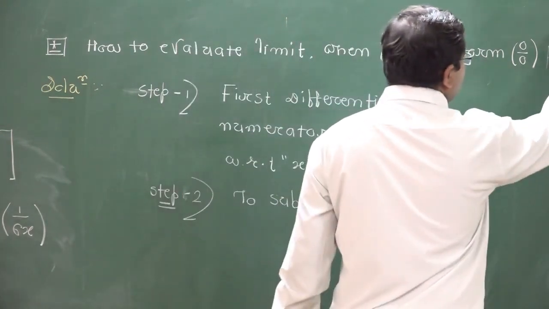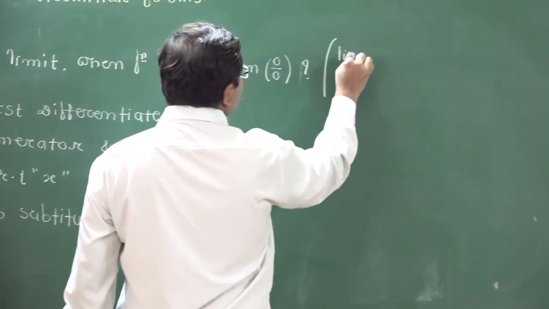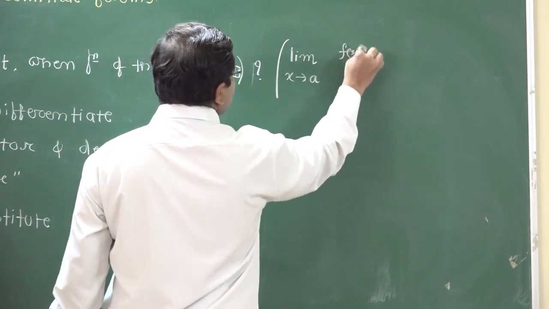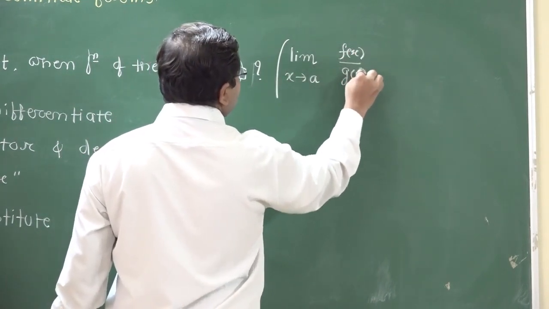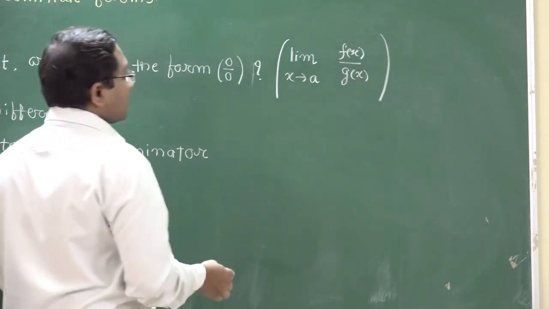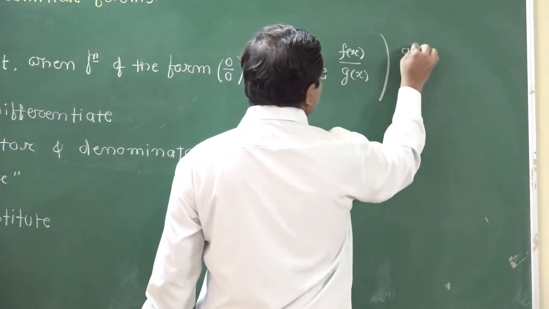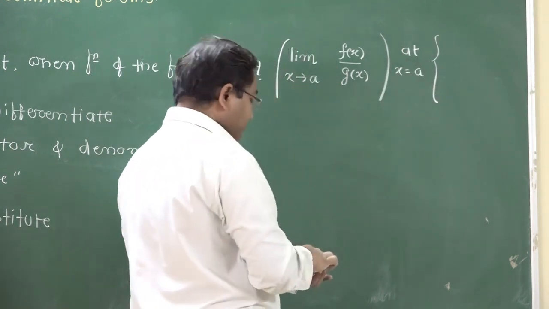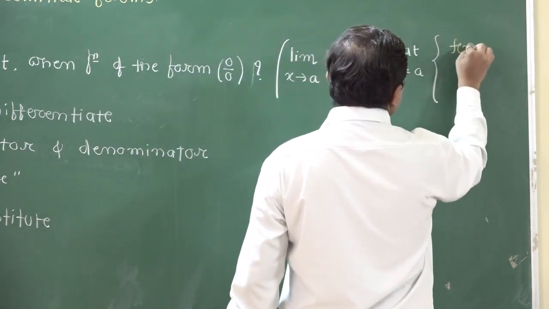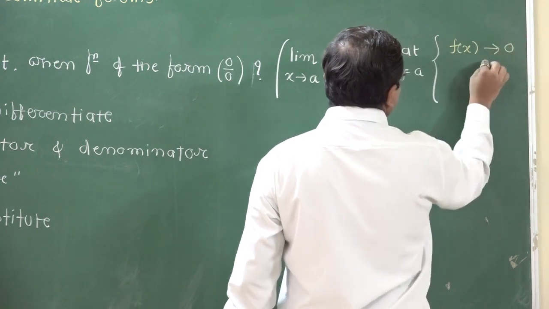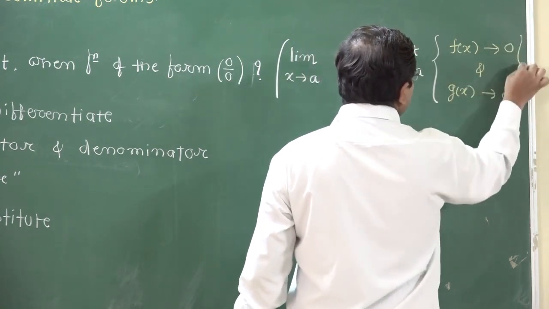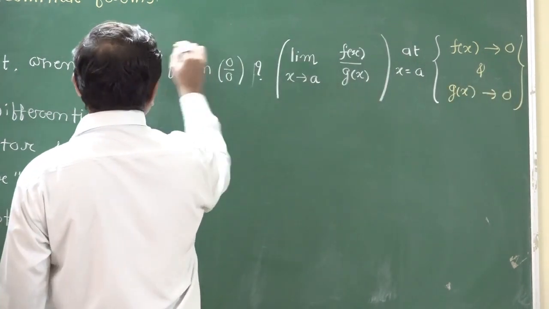Our function is of the form limit x tends to a of f of x upon g of x, and at x equal to a, f of x becomes 0 as well as g of x becomes 0. That is the meaning of the 0 by 0 form.